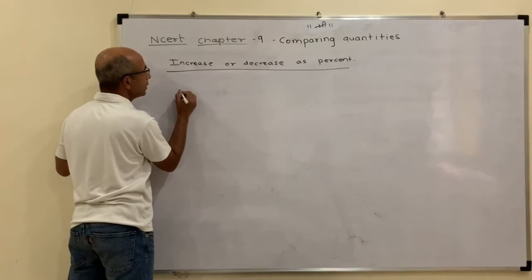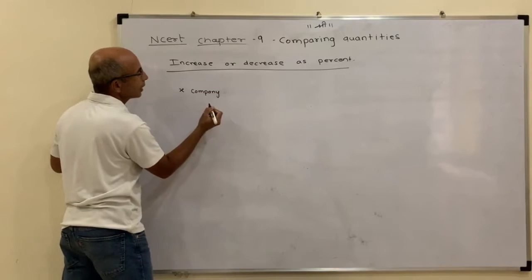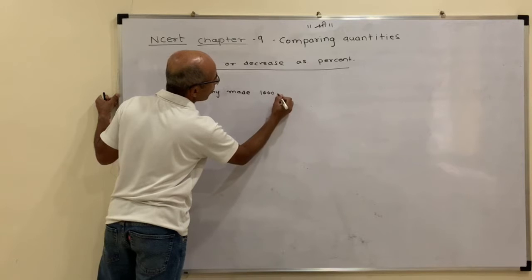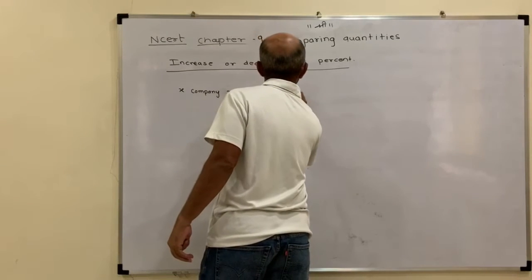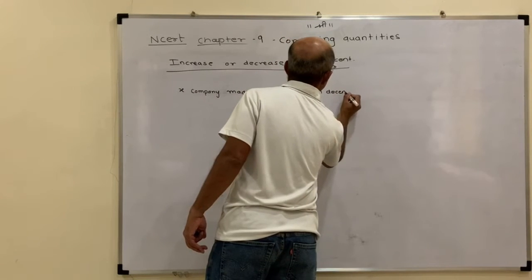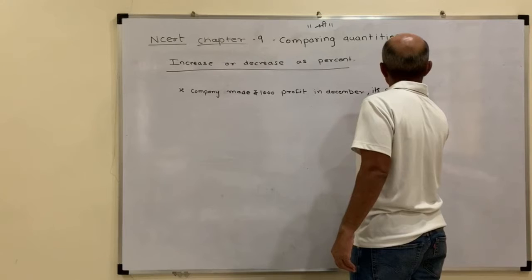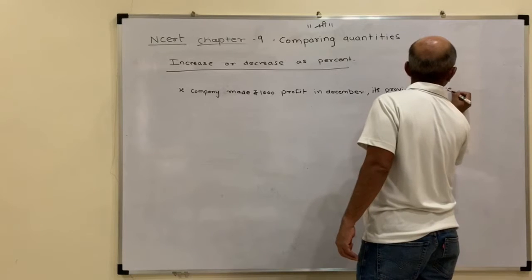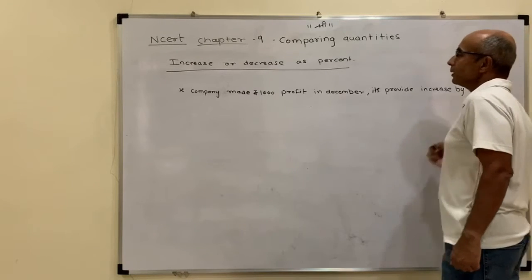Let's consider X company made 1000 rupees profit in December. Its profit increased by 20% in January.